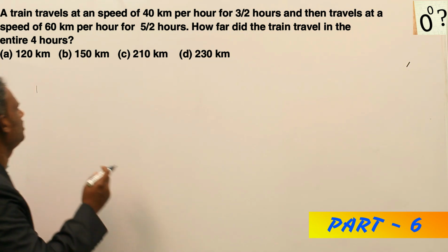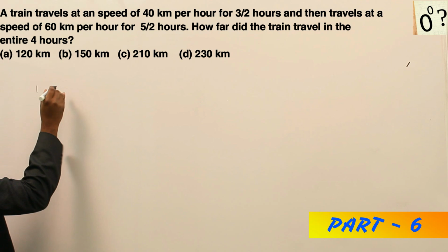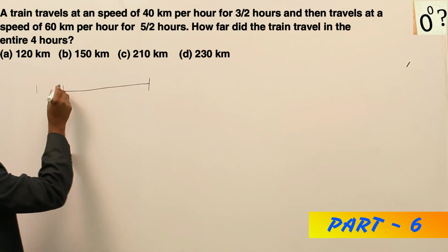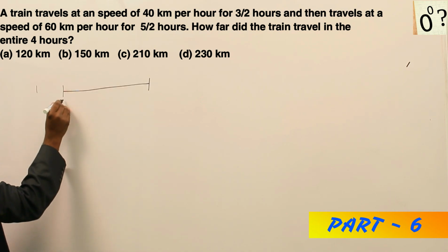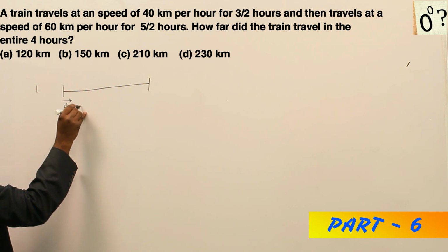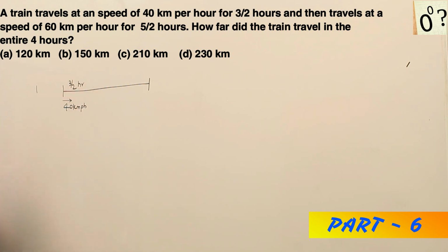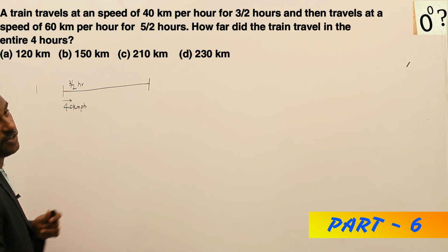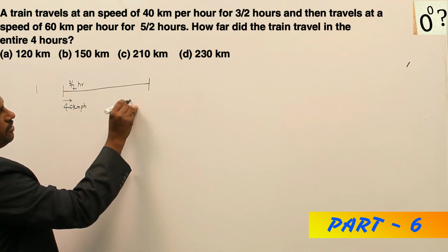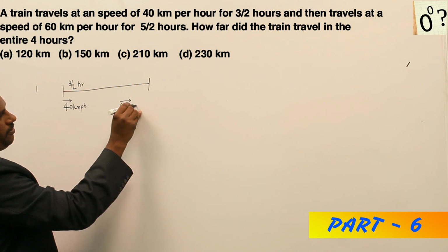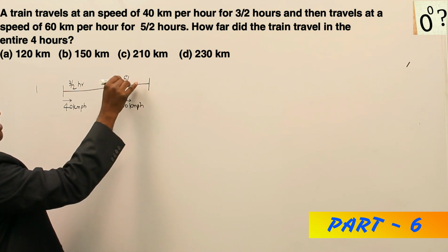The first case: the train travels at a speed of 40 km per hour for 3/2 hours, the first 3.5 hours. After that it goes 60 km per hour for 5/2 hours.